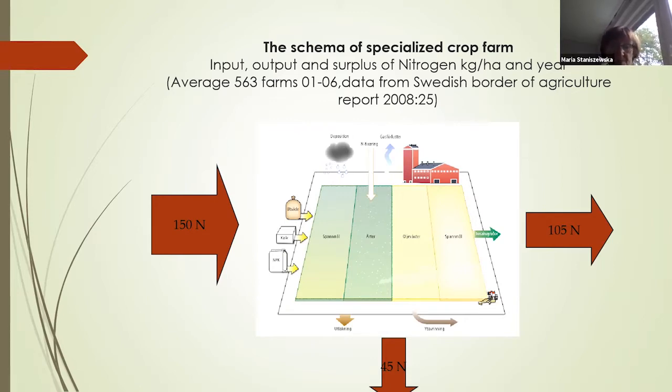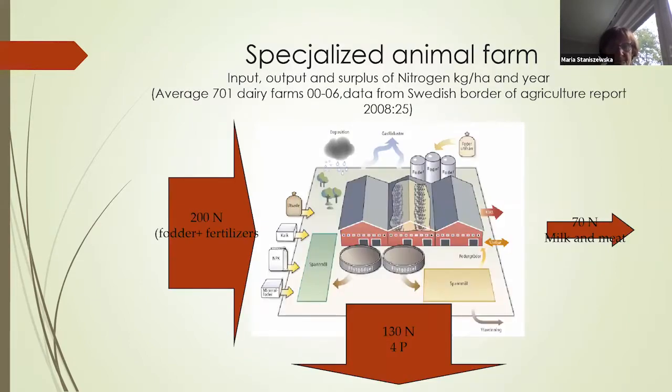How the process looks, but how it looks in an animal farm, when this surplus of nitrogen and phosphorus is much bigger, and then we cannot manage it, because now it is not economic to transport manure to another region. That's not possible till now.